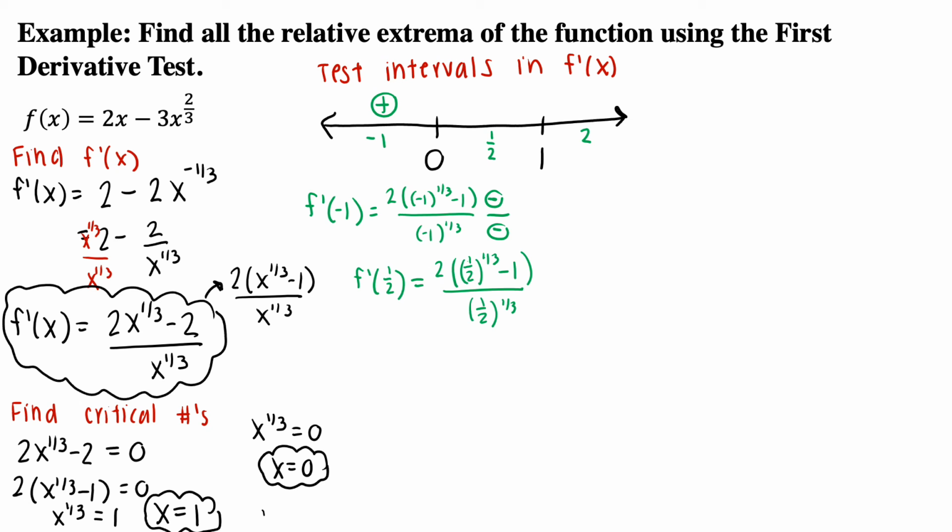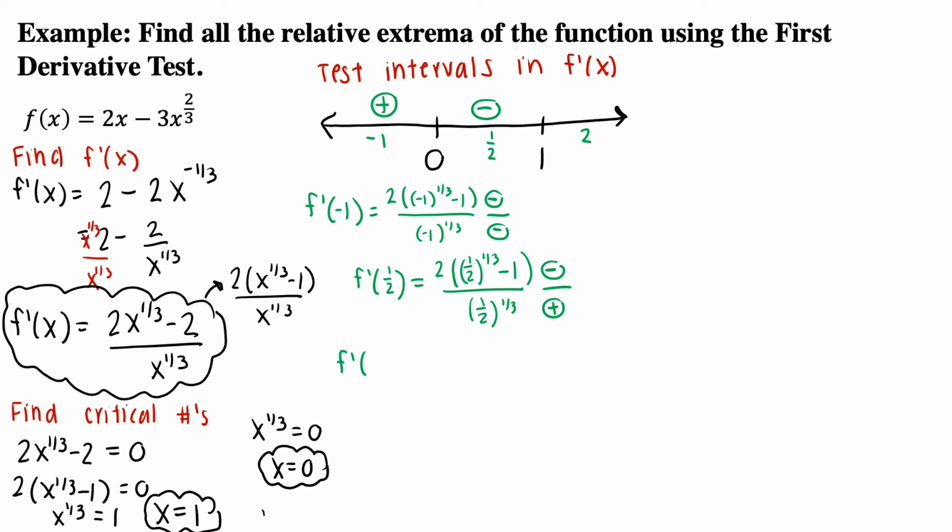So if we look at what is the third root of 1/2, we get a decimal, minus 1 gives us a negative, times 2 is negative 0.4. So this is a negative value over the third root of 1/2 is going to be a positive value, which gives us a negative value in this interval.